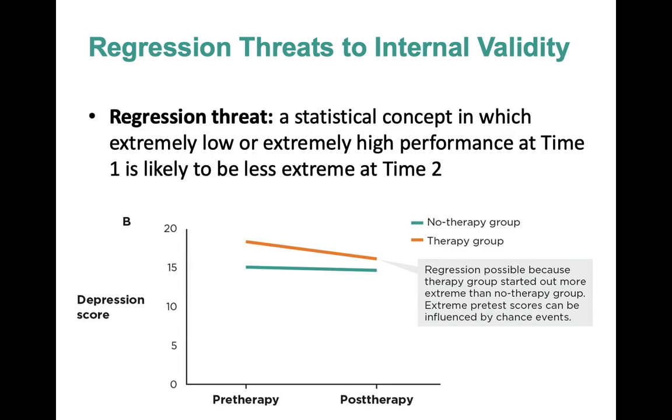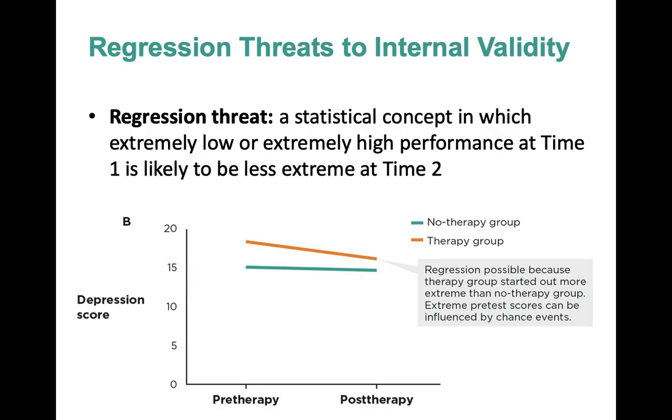The idea is that if we only have the single therapy group, we could have a regression to the mean effect where women are recruited or they volunteer to be in this particular study because they're especially depressed. They're feeling especially down and especially bad. Over the passage of time, they regress towards their more typical level of depression.